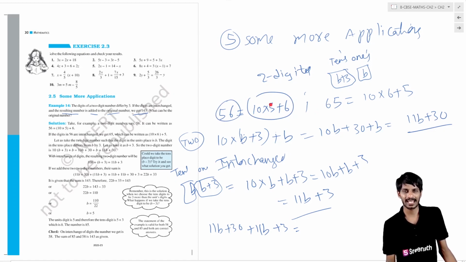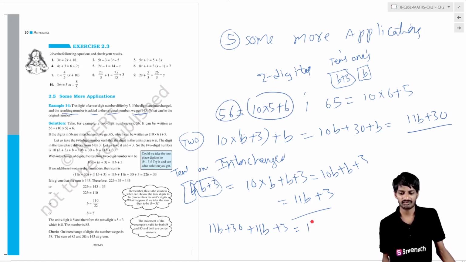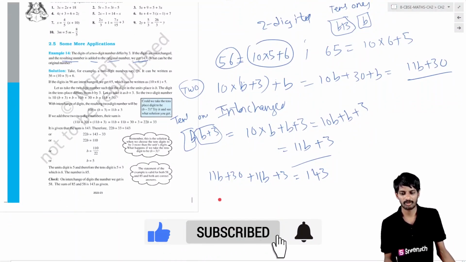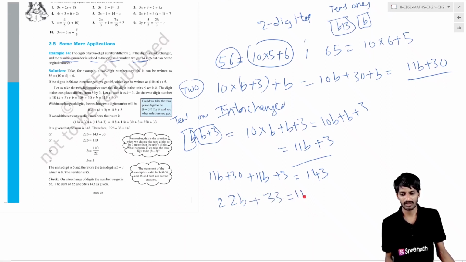That gives the result 143. So 11b plus 11b is 22b, plus 30 plus 3, 33, is equal to 143. If you take this to the right hand side, it is plus, so it becomes minus: 22b equals 143 minus 33.